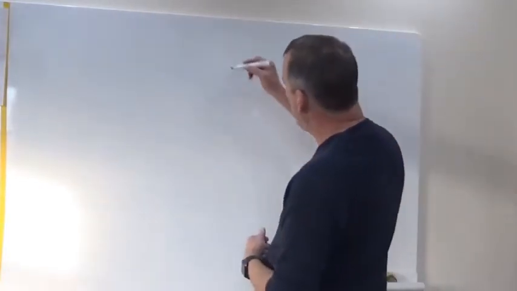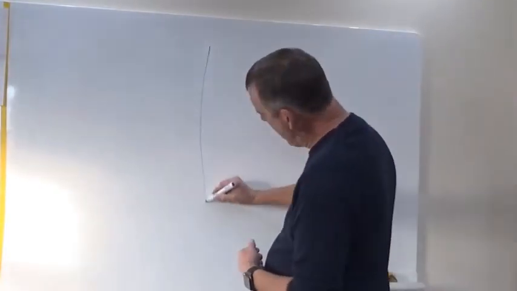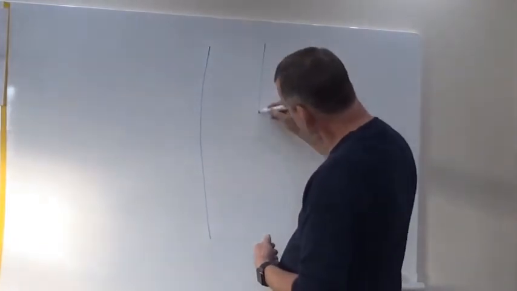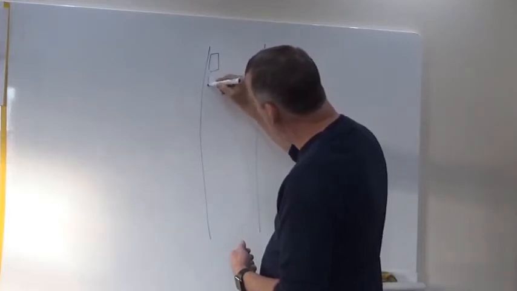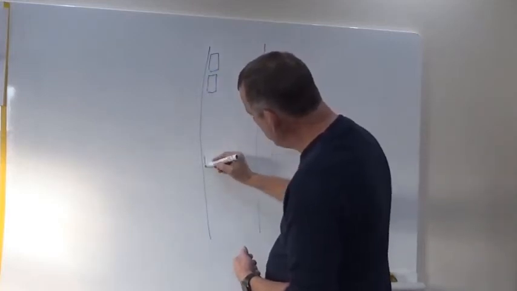Now, I never say never, because circumstances and situations can always be different. For example, if I just quickly draw on here, we have a road and we have lots of parked cars down this road.